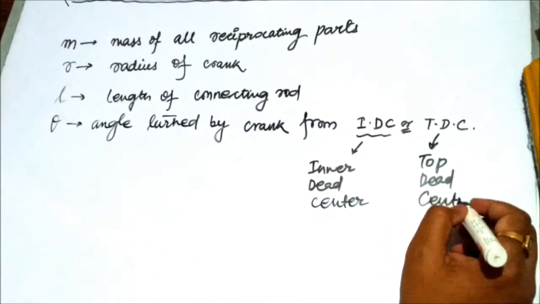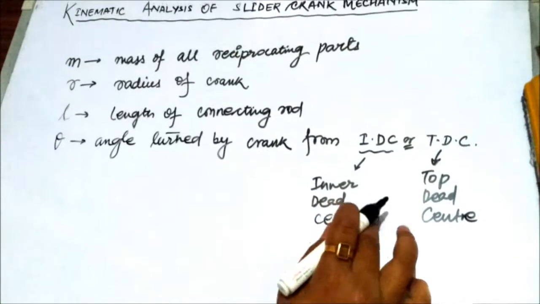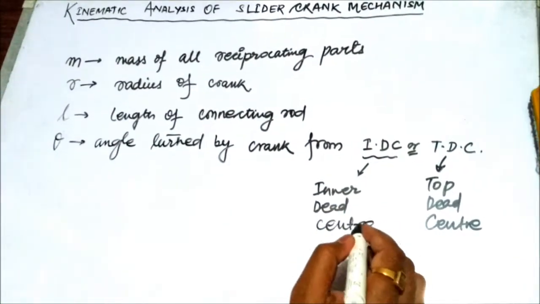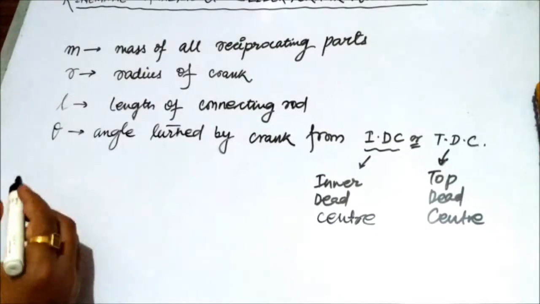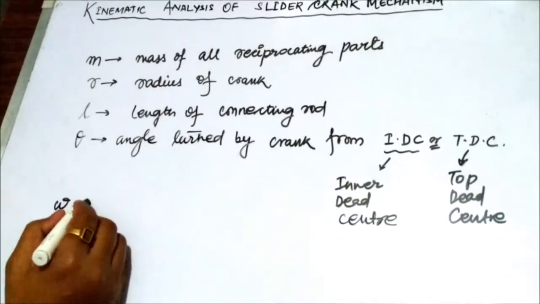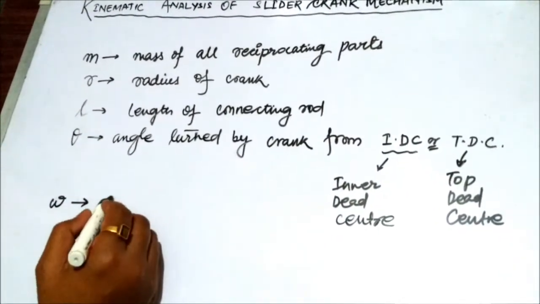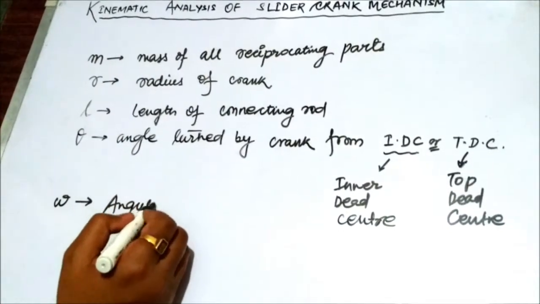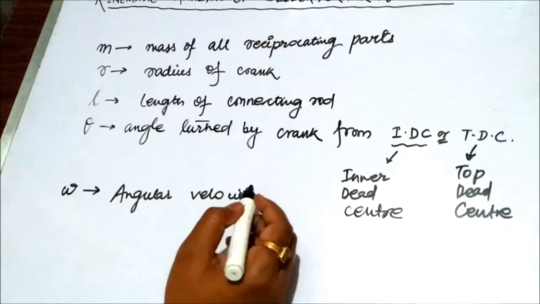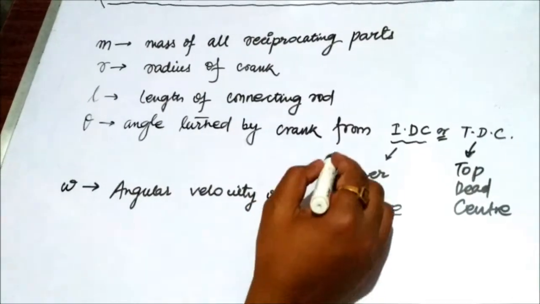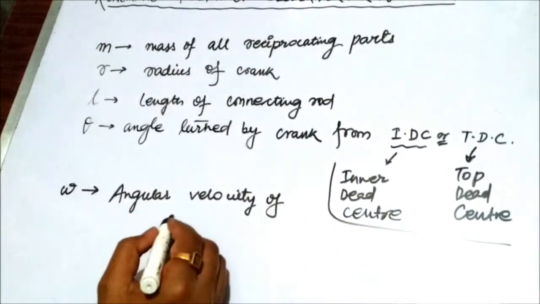Now omega is the angular velocity of the crank. It is defined as the rate of change of angular displacement, theta, with respect to time.